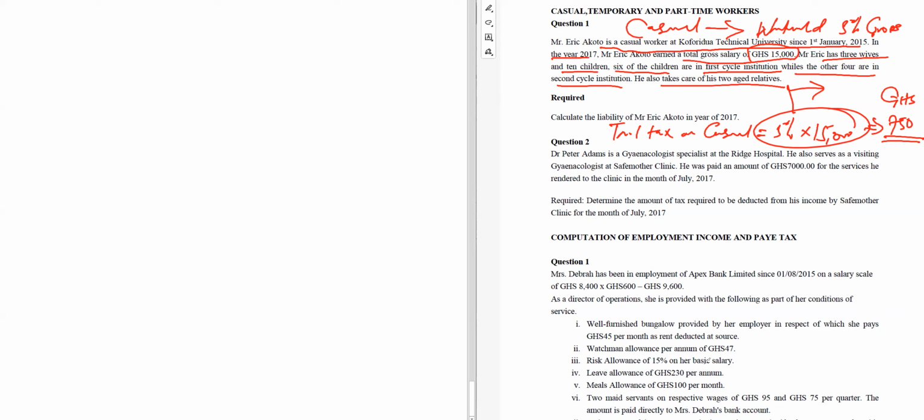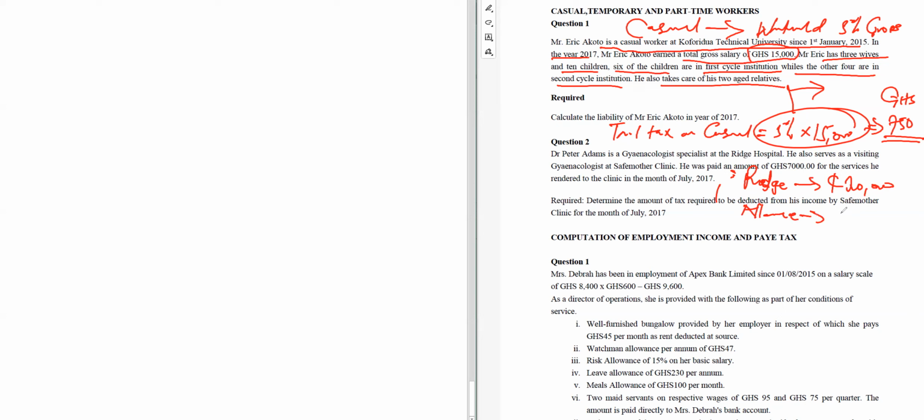So I'm going to use this example, but I'm going to change the parameters. Now let's say that this guy is a gynecologist at Rage, and at Rage he was taking 20,000 Ghana cedis, with the following allowances.